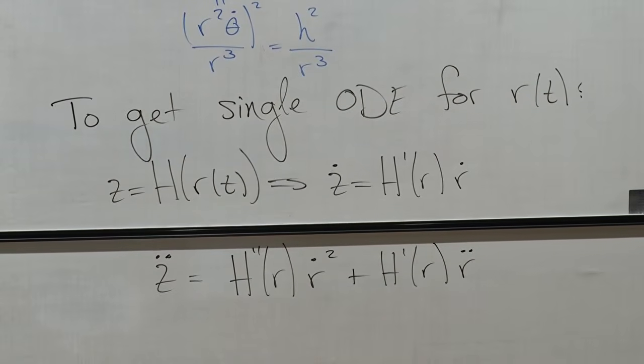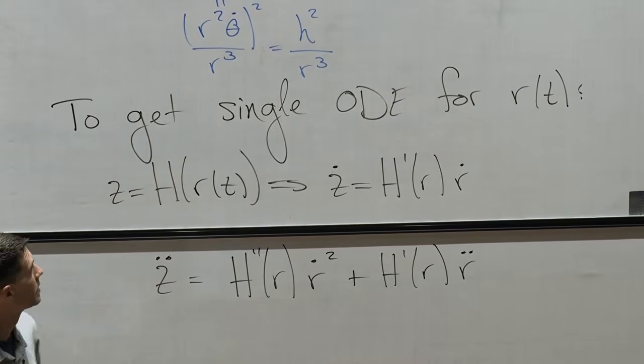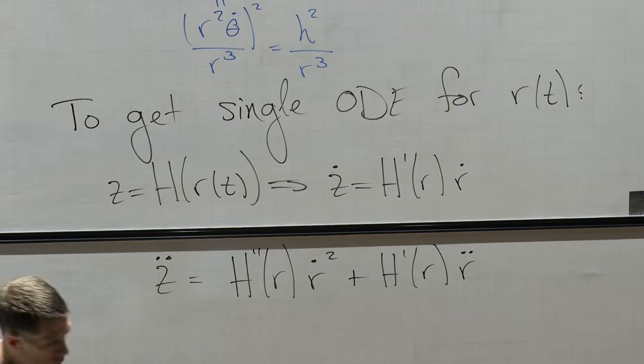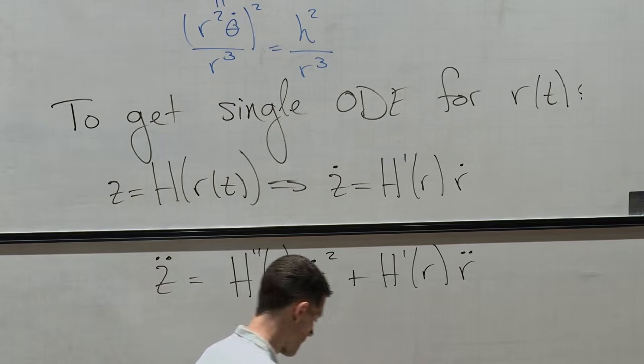So in principle, I plug that into the z dot dot equation, I get rid of the theta in terms of the h, and now I have one second order ODE for r. And you give me whatever initial conditions. In principle, I solve that, and I've got the motion.